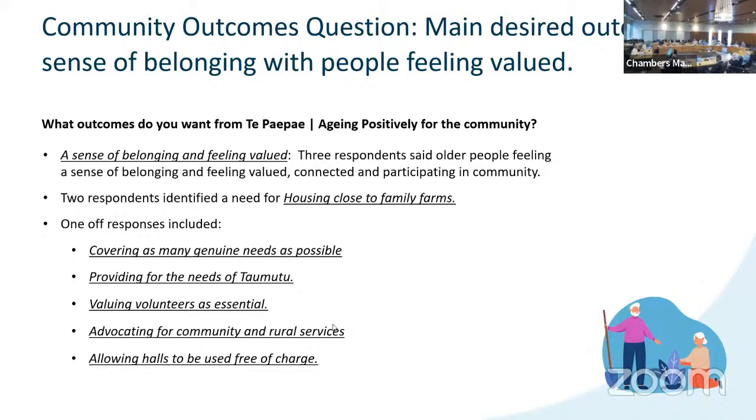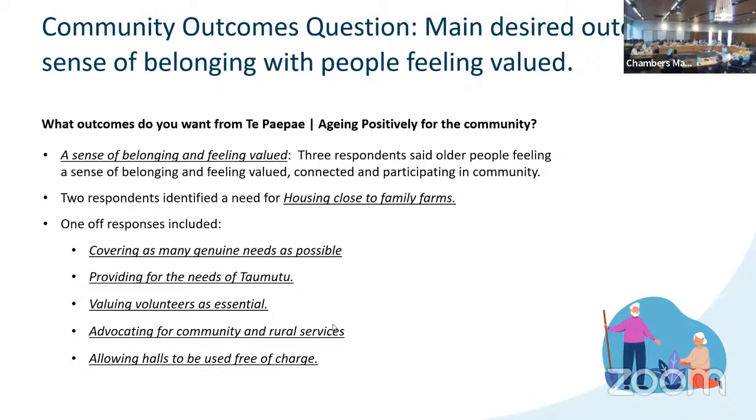We then asked you about what outcomes you'd like from Te Pai Ageing Positively strategy for the community. And there were quite a disparate number of responses, but where we had a bit of consensus, there were 3 responses about a sense of belonging and feeling valued, so people can be connected and participating in their communities. 2 responses were about housing close to family farms, an issue for rural folk.